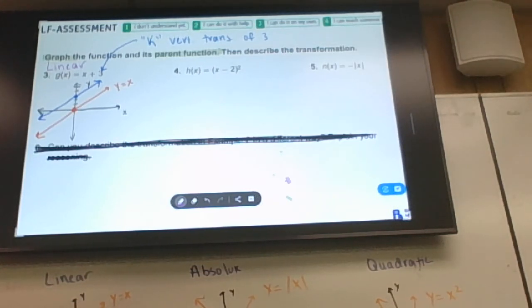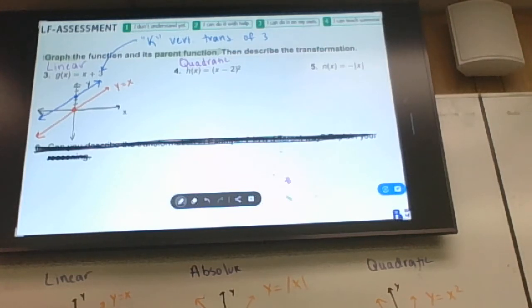Melanie, do you know which function family number 4 is? You got it? It's quadratic. And that's because there's an exponent of 2. There's an exponent of 2, we call that quadratic. So go ahead when you're ready.